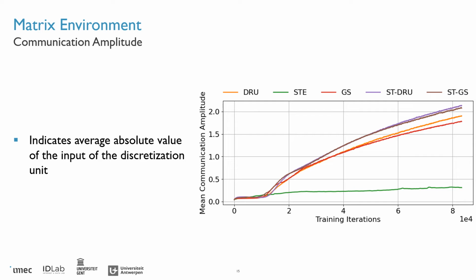Each of the other methods has a communication amplitude that rises significantly more than that of the straight-through estimator. This can be explained by the noise that is included in each of these methods to encourage discretizable behavior. This noise is not included in the straight-through estimator, and therefore the agent is not encouraged to produce such extreme values.